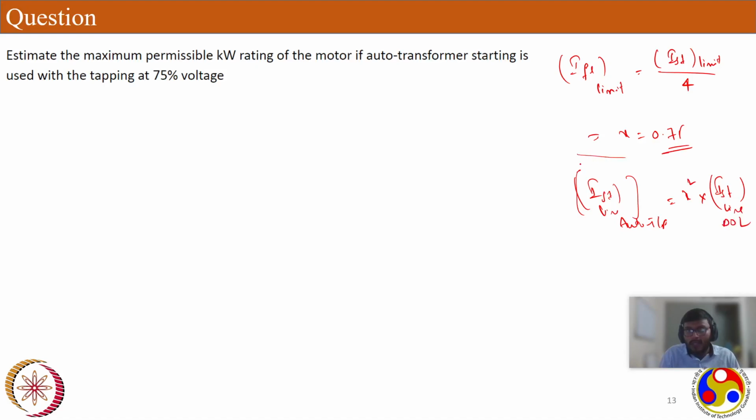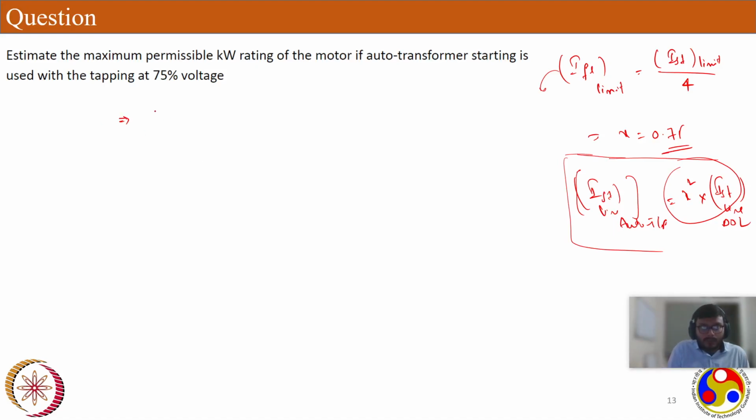I hope you all remember this formula. So you can see my starting current is actually reduced x square times.